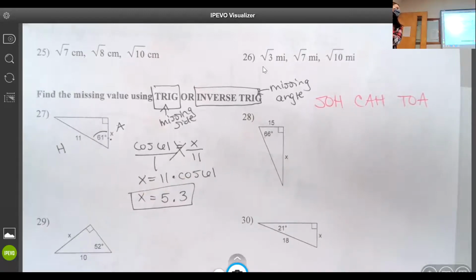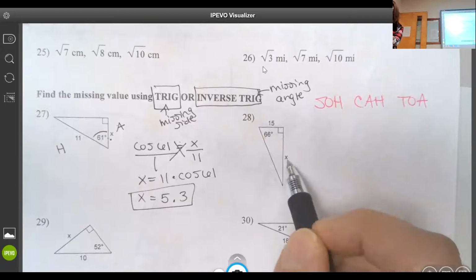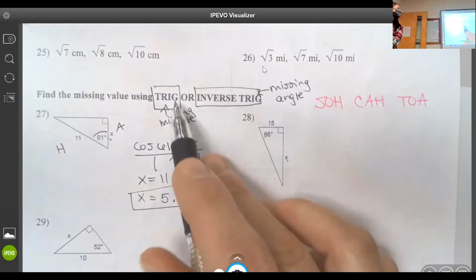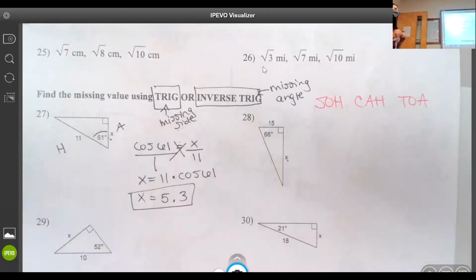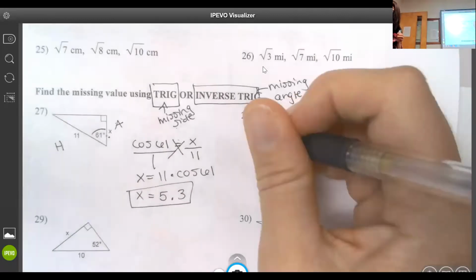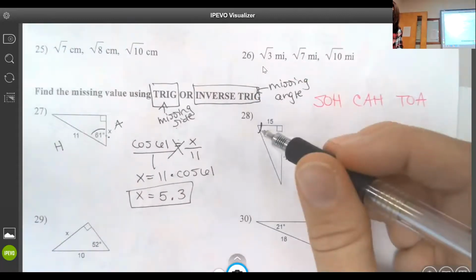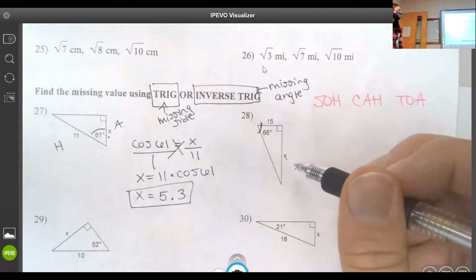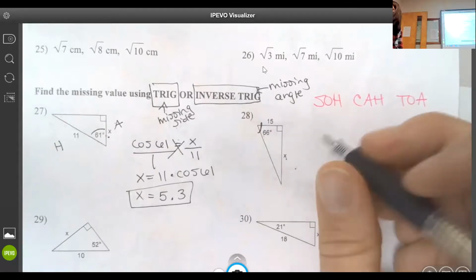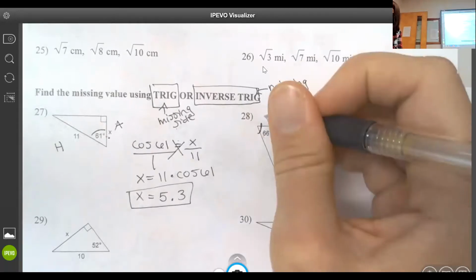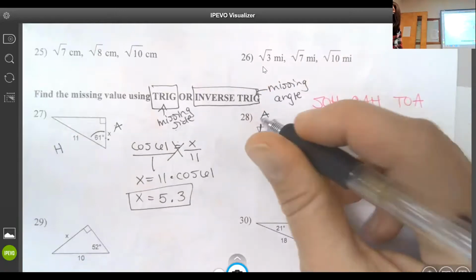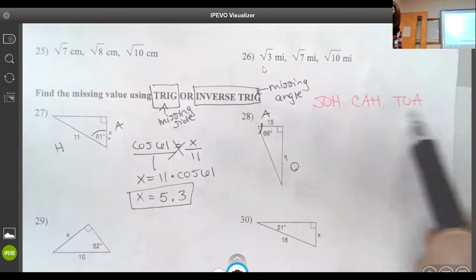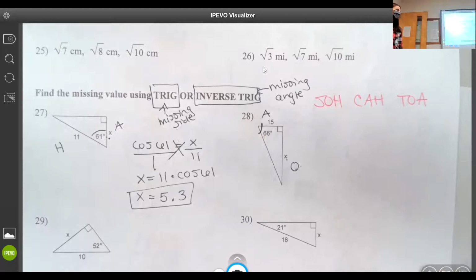On 28, I again note that what's missing is a side, and I have in my notes that a missing side is just regular trig. So from this angle, what is the side that x is from in relationship to the 66 degrees? Opposite, and 15 is adjacent. If I have opposite and adjacent, I should use which one of these? Tangent.